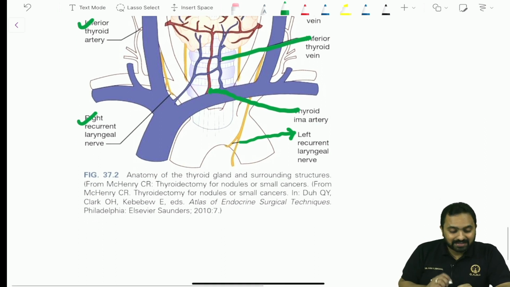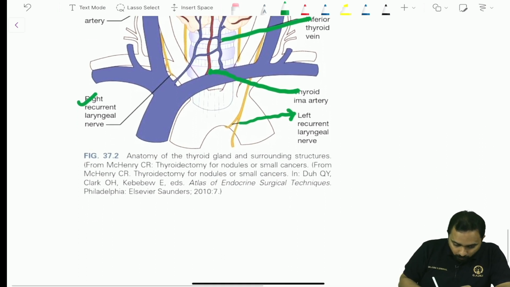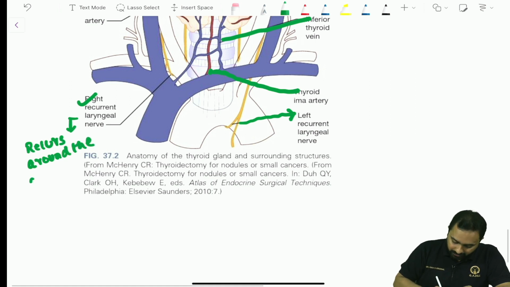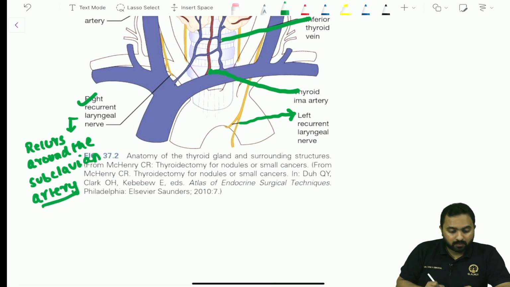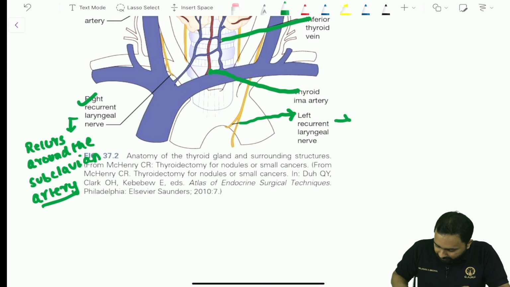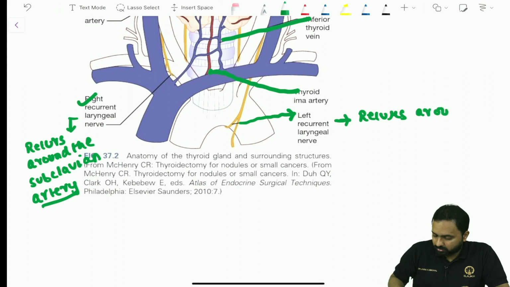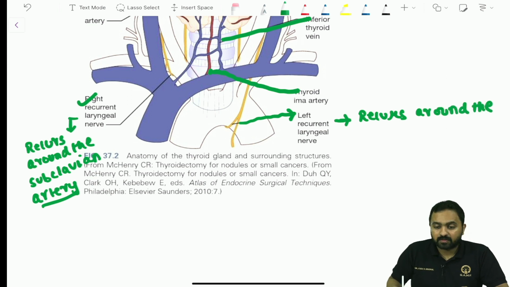So, if you look at the right recurrent laryngeal nerve, where it recurs around the subclavian artery, right? Whereas the left recurrent laryngeal nerve, it recurs around the arch of aorta, right?